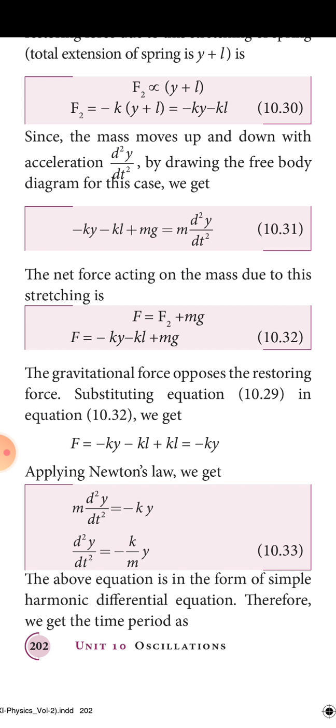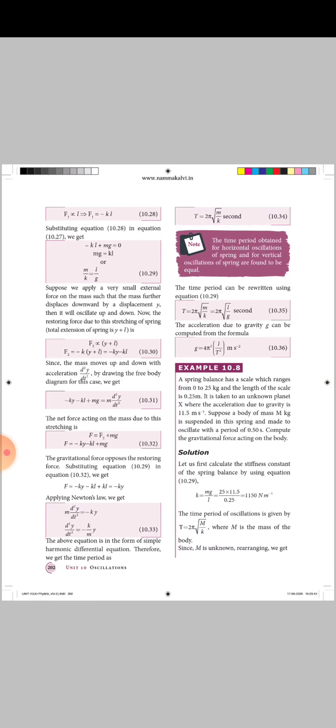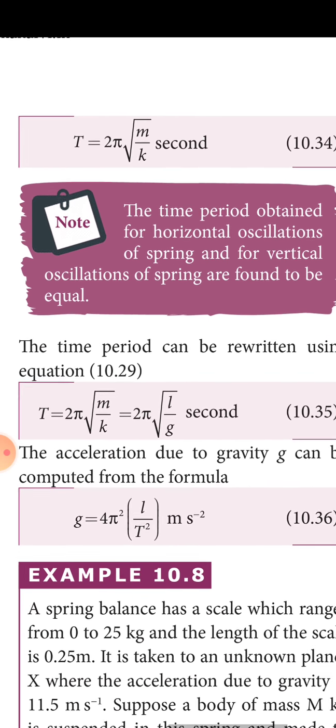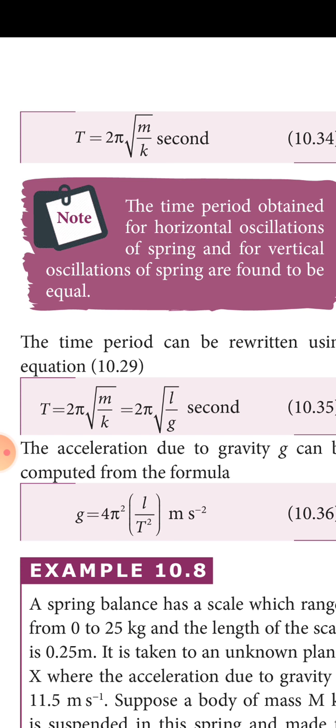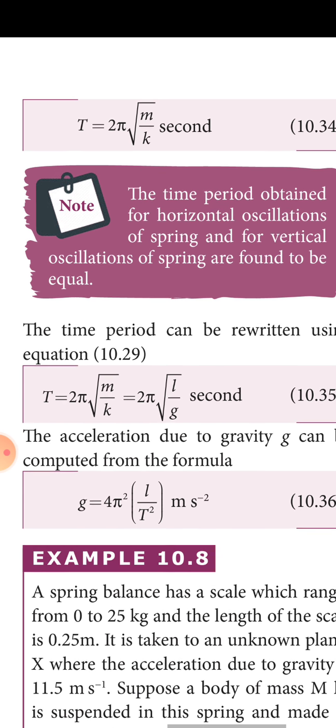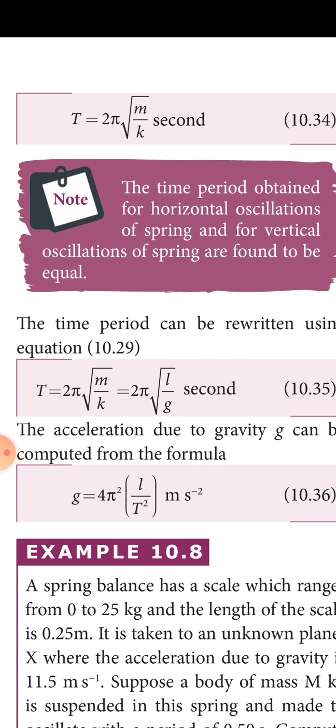Finally, we have derived the equation of time period. So time period T equals 2 pi root of m by k seconds. Already we have derived this equation. So rewrite this equation using equation 10.29.